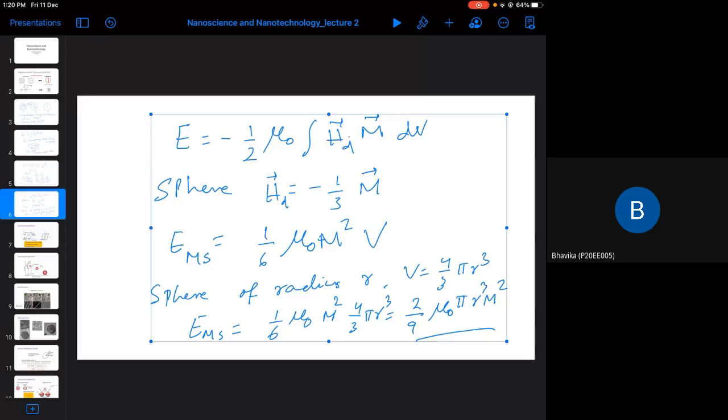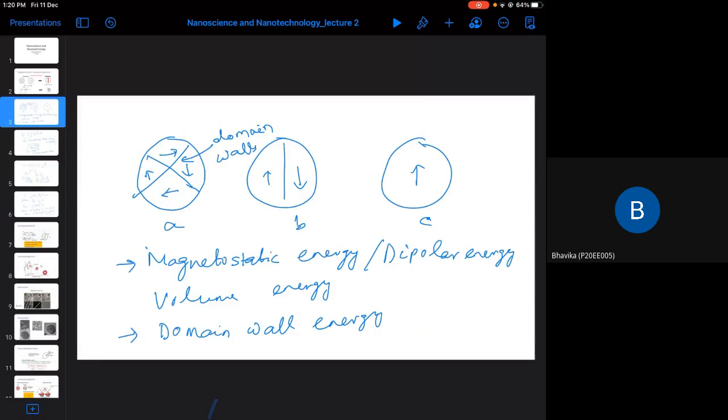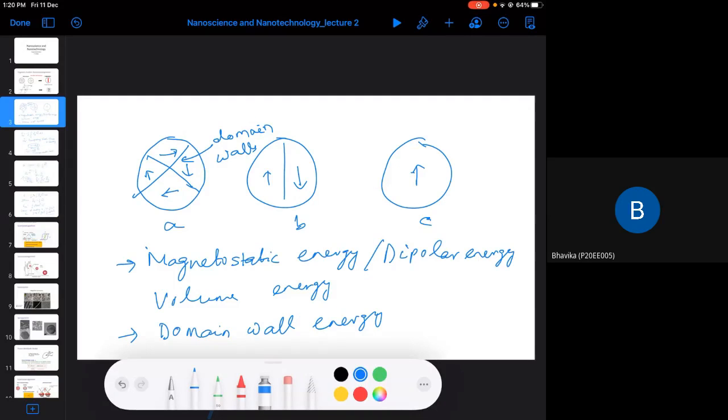But what we want to calculate is, so this is the magnetostatic energy of this case C. Now we want to calculate the total energy in case B. So we have to introduce a domain wall energy as well.